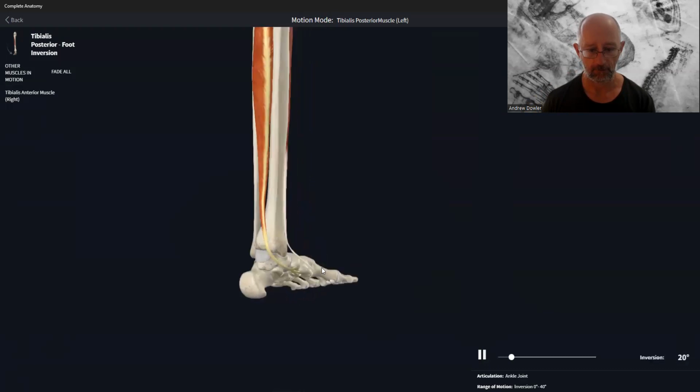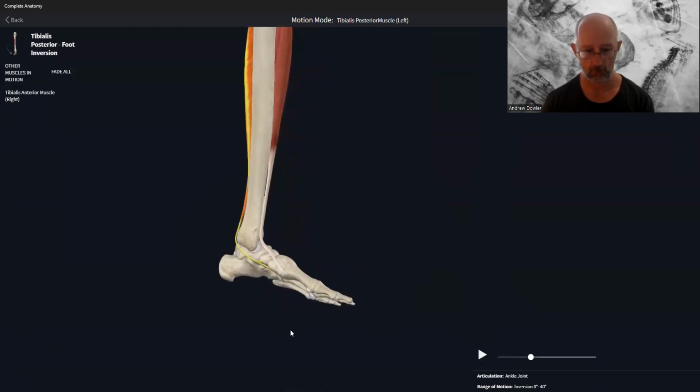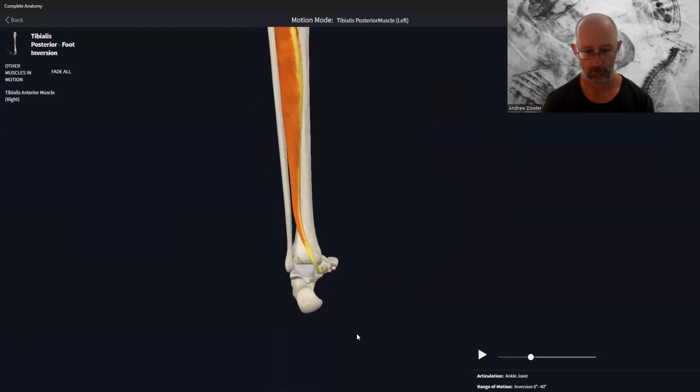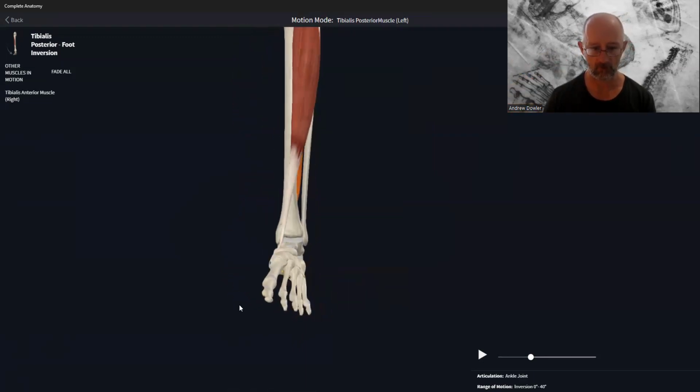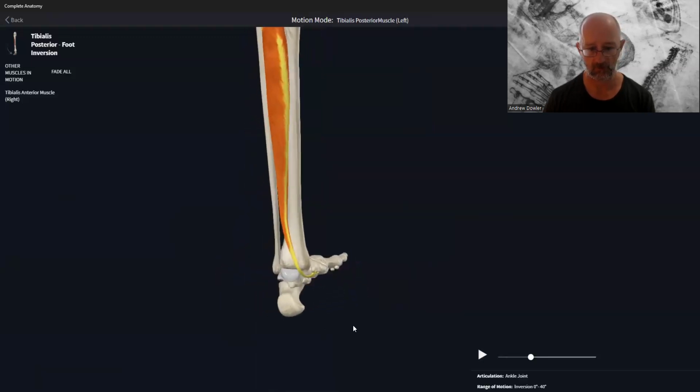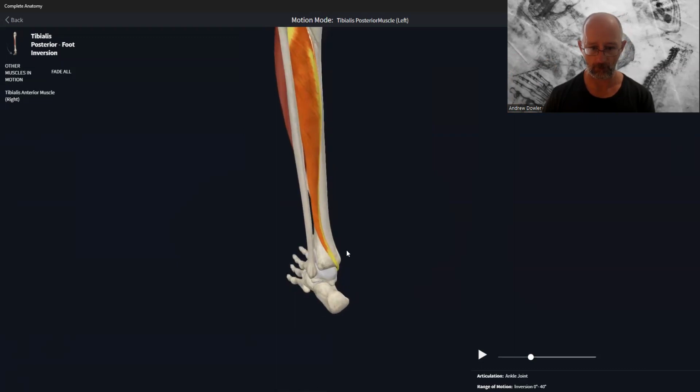From the front, inversion, inversion, inversion, stop there. You can see that the foot is rolled out or up. The big toe, in this case, looks like it's up in the air, but as you invert the foot, you're going to roll onto that big toe.